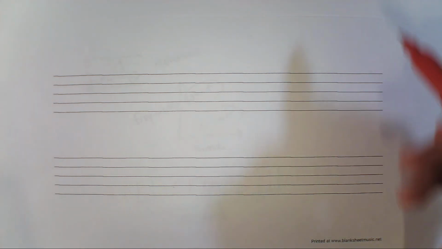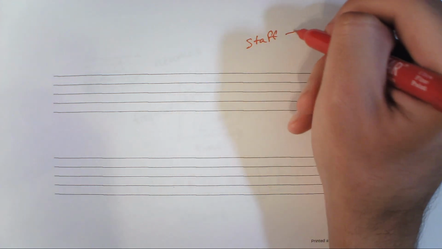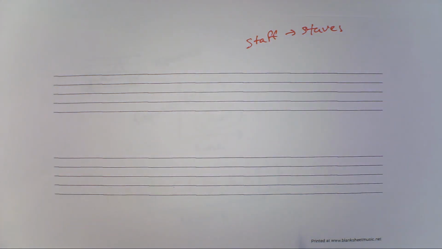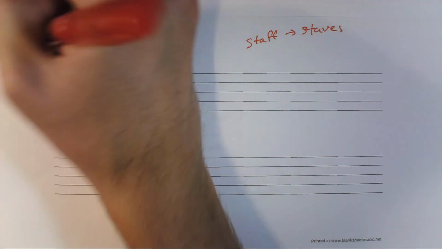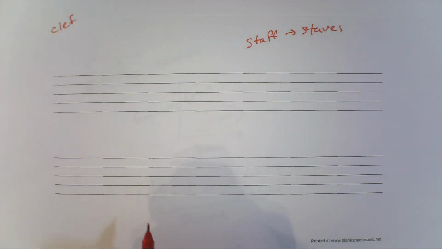But I need a locator. I need a landmark. And what I use as a landmark for my staff, singular or many, staves, is a clef. And a clef is your locator. A clef tells you a certain pitch, and then you can figure out the rest.